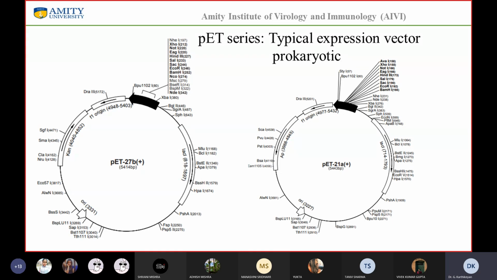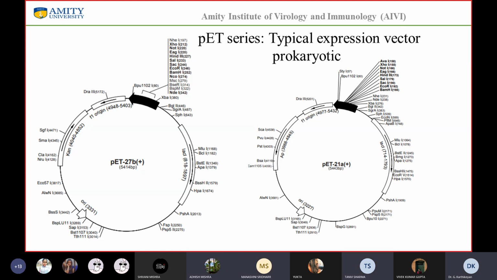It is necessary for certain reasons, typically for sequencing. Okay, but there are also other reasons why you would like to have an F1 origin of replication. Okay, so is the difference between a cloning vector and an expression vector clear? Can we move to the next slide?